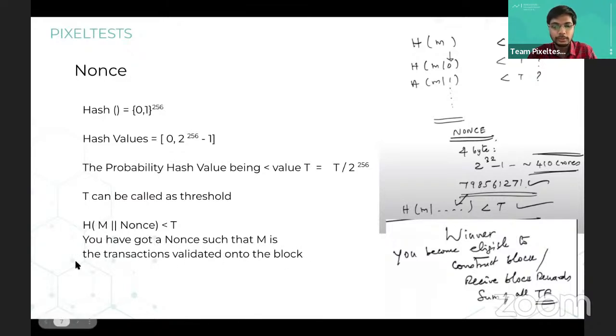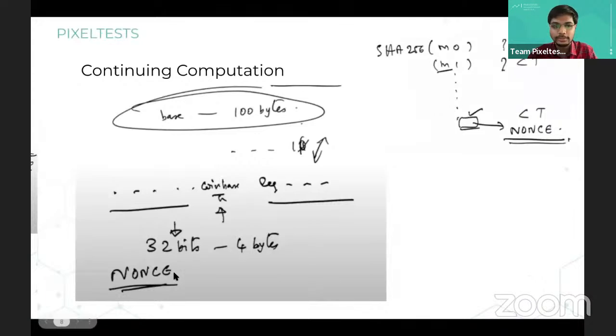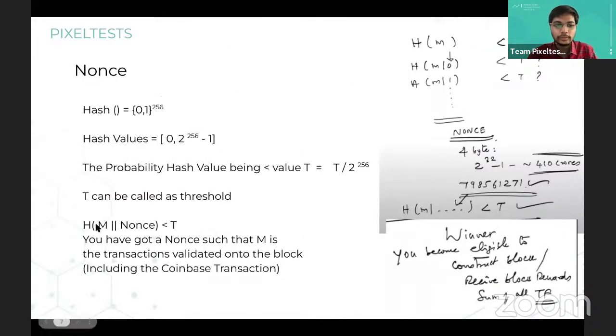So M is going to be the whole of the transactions to be validated onto that block, including the Coinbase transaction. So when we say M, what is M? It is the transactions that are to be validated onto the block, including the Coinbase, meaning the initial transaction. Now the Coinbase transaction does not have input from the previous block, right?